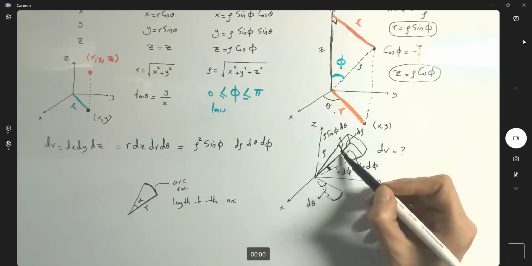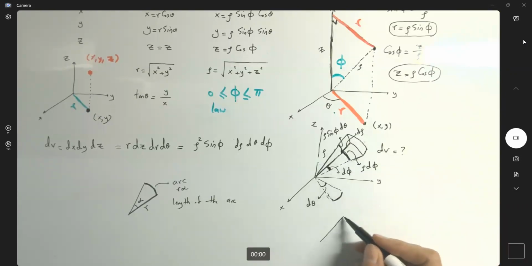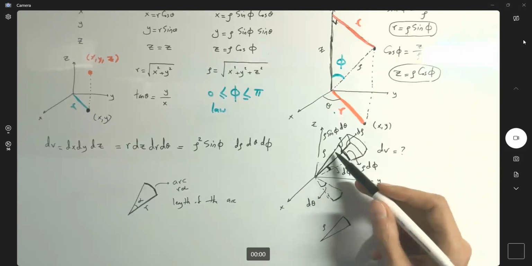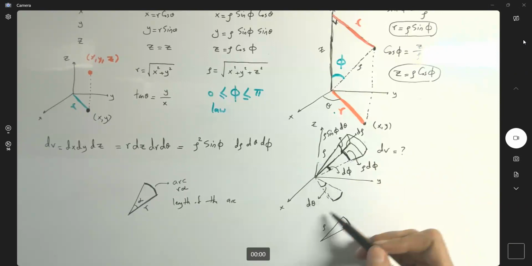What about this guy here? How did I get this measurement here? For that measurement, you have the following scenario. Here you have your rho, and you know that this piece is projected in the xy plane, and you have your d theta down here.